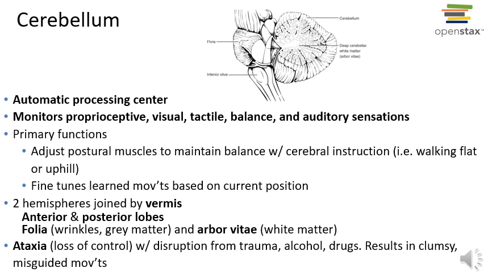That's where we're going to find unmyelinated neurons. And within is branched-like structures referred to as arborvitae, which technically is a Latin name for a shrub. So you've got these branched-like structures of white matter within the folia of gray matter, these two lobes.